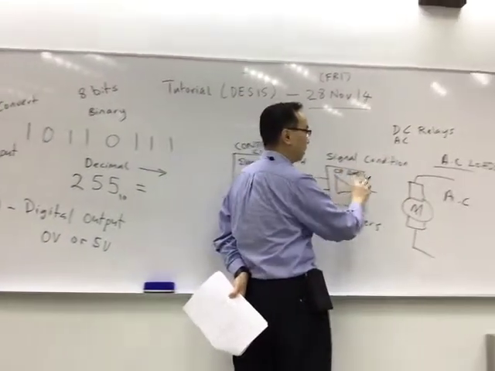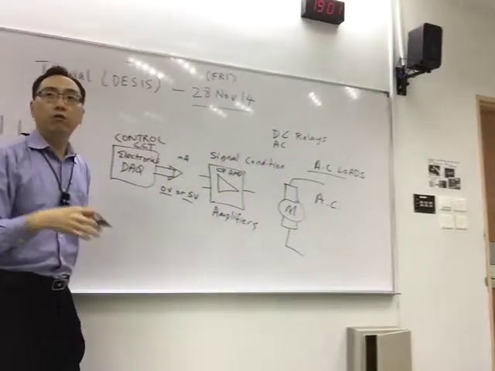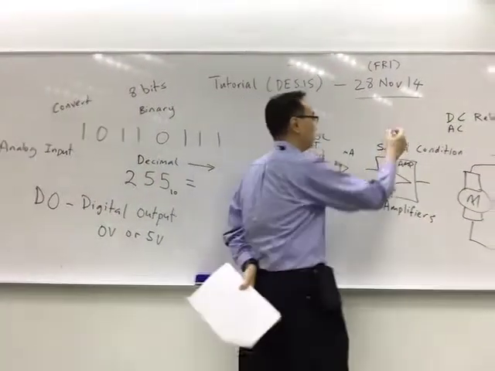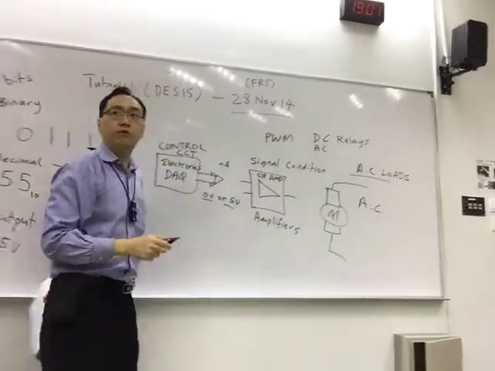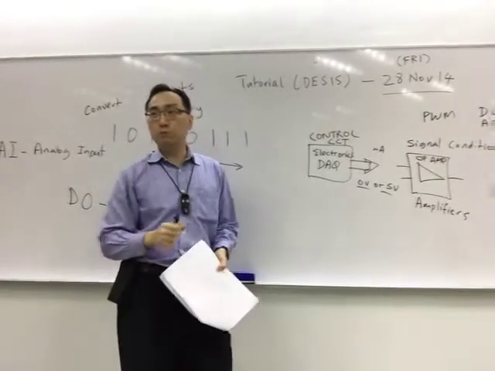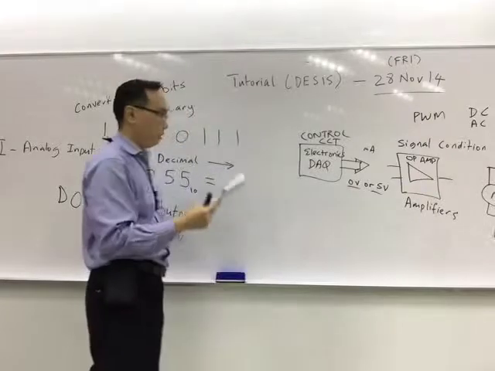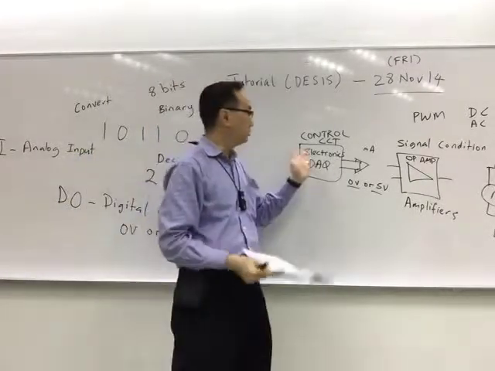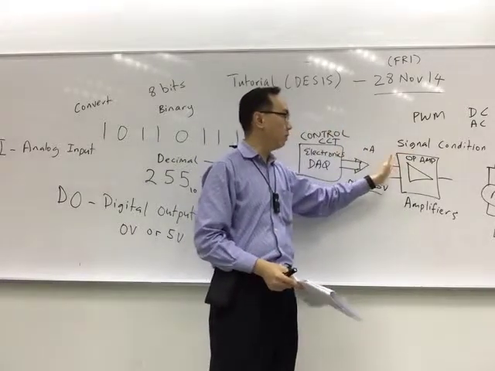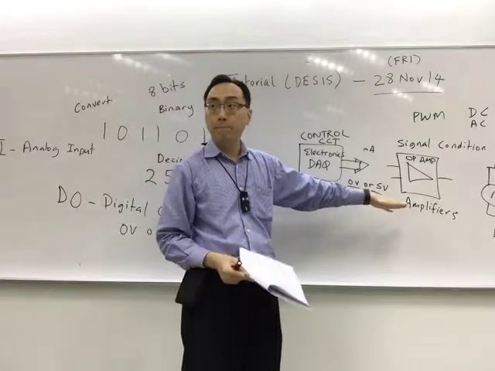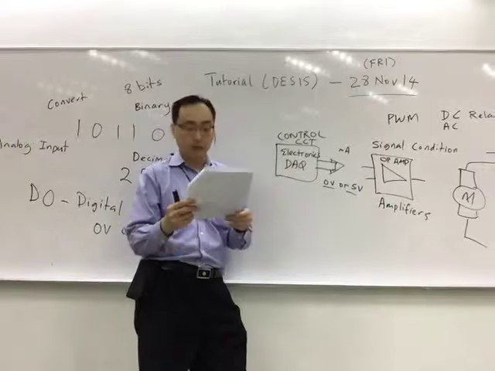You amplify the signal, and then you're able to switch a relay, AC relay, DC relay, or do PWM, pulse width modulation, which can control the speed. So this is a general controller setup: electronics, signal conditioning, which can be a preamp or amplifier, power amplifier circuit, then after that the load.